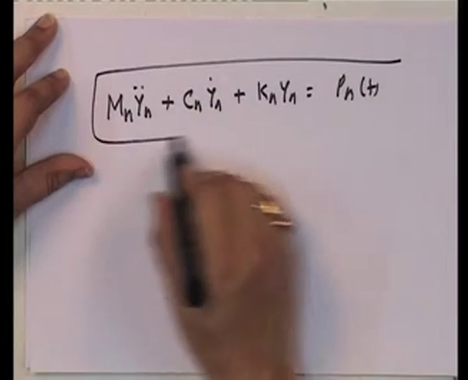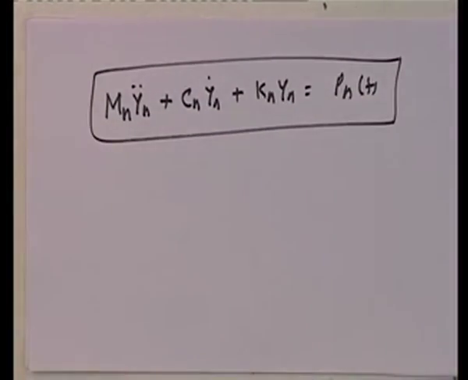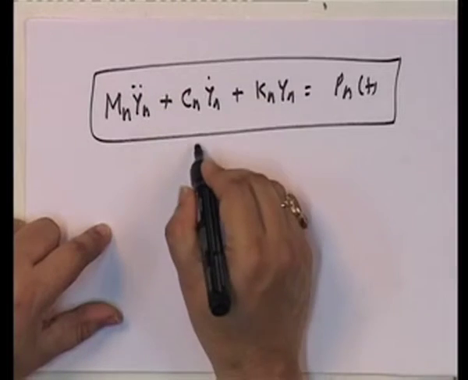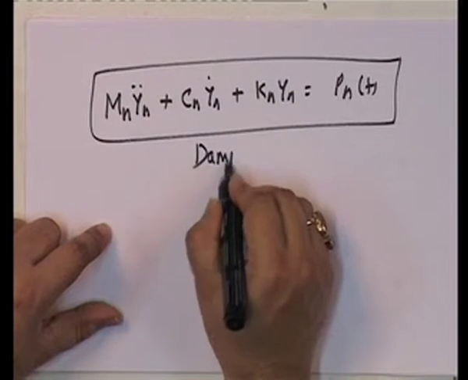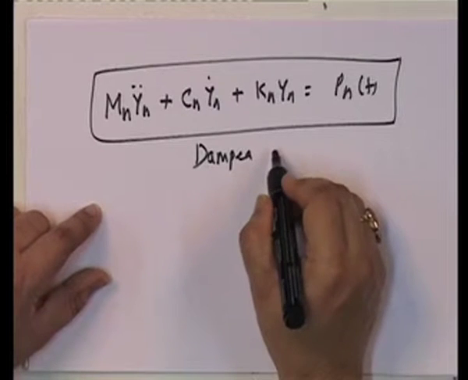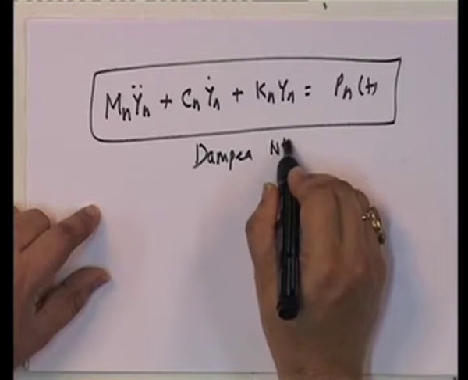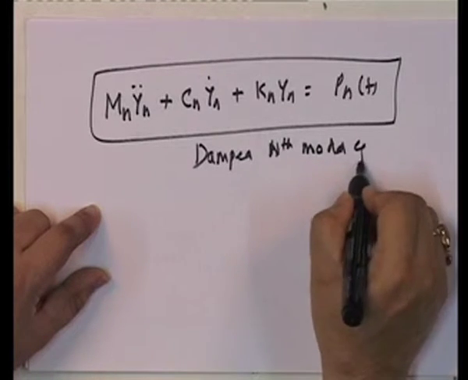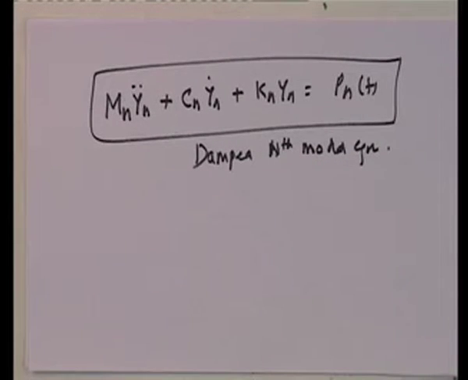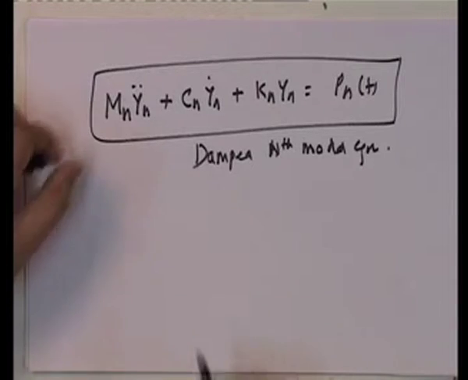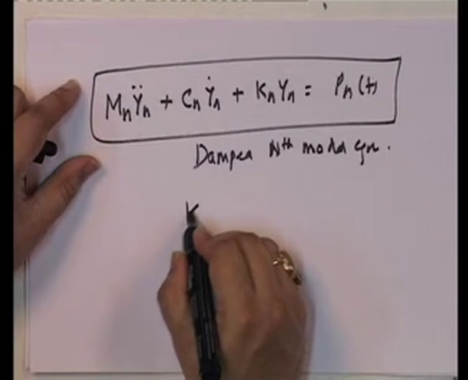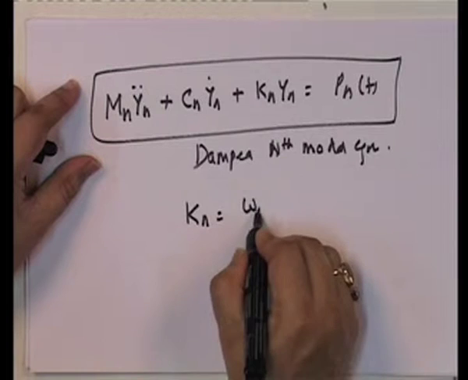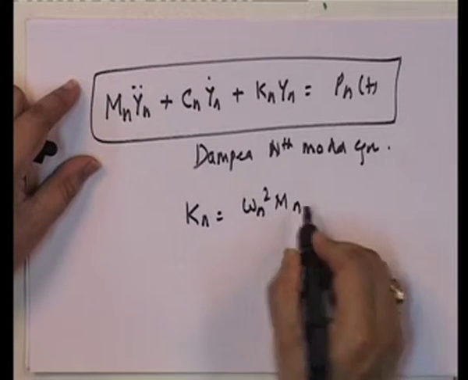This is how the damped nth modal equation looks, right? This is how it should look, and note that by definition Kn is omega n squared Mn. This is known.